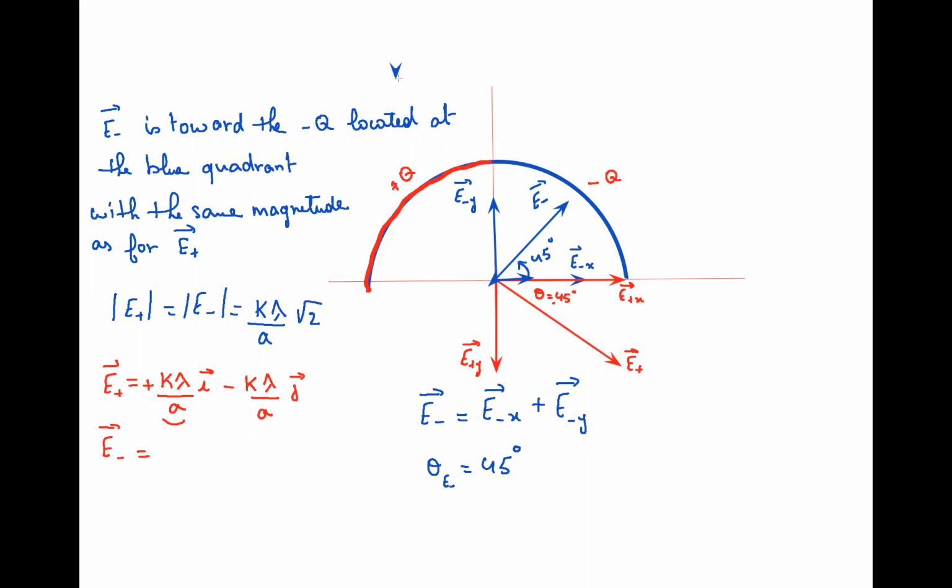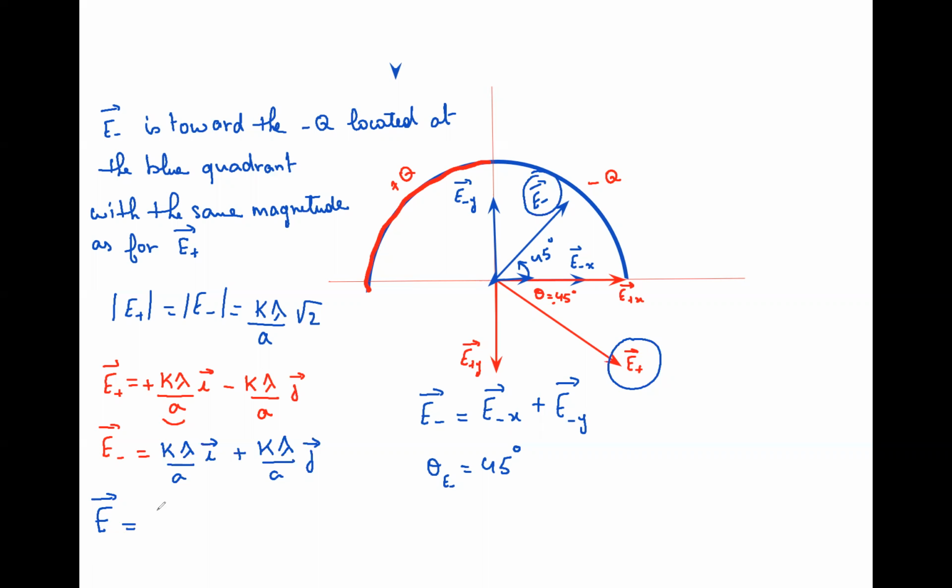So we can write its value here equal K lambda divided by A in the positive direction plus K lambda over A in the positive direction. This is E plus and E minus. The question is, we have to calculate the total electric field created by the positive and the negative. Okay, we can say E total.